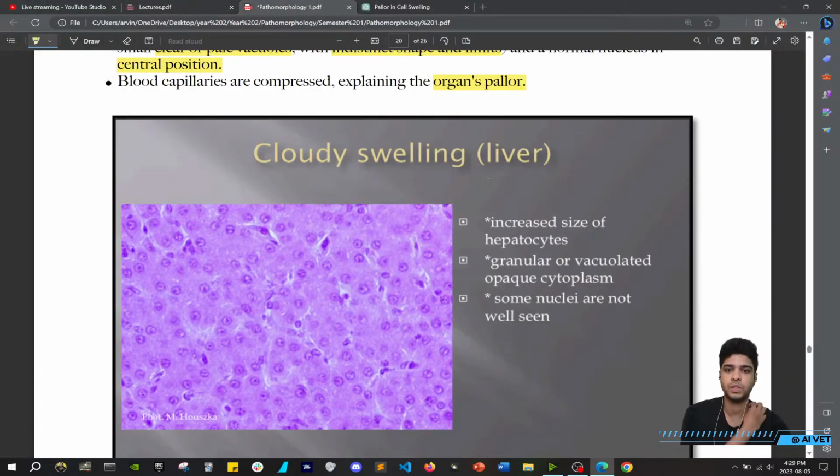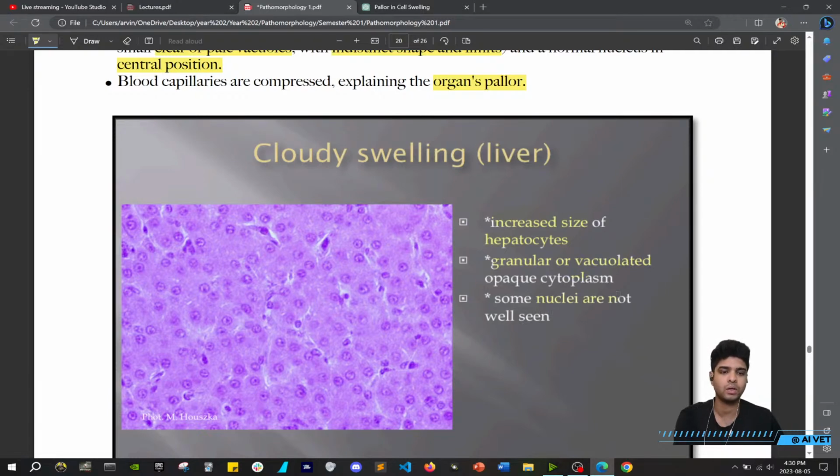Yeah, so cloudy swelling: increased size of hepatocytes, then granular, vacuolated, opaque cytoplasm.